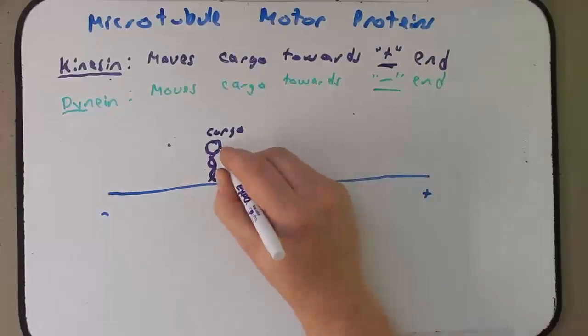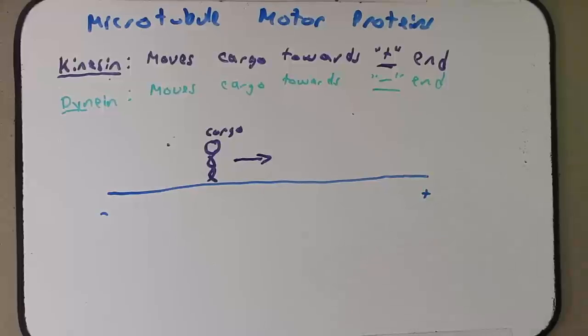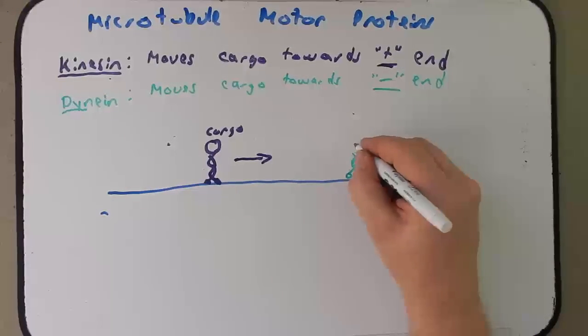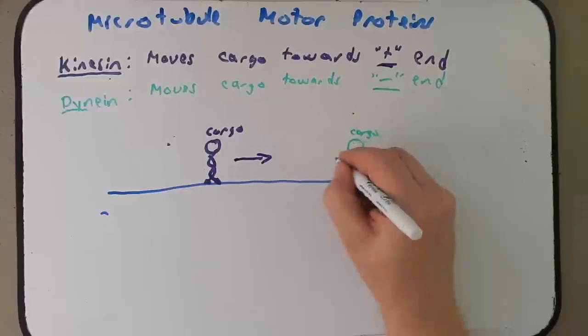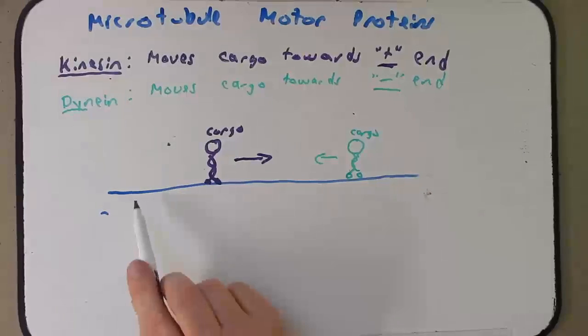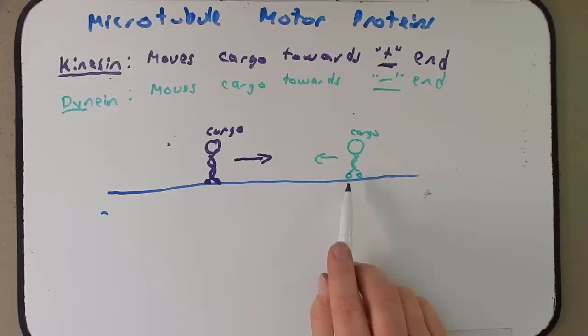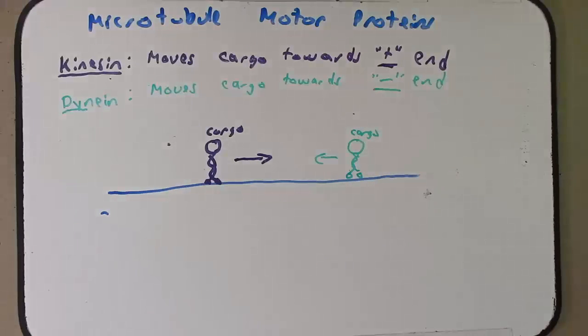And it will move this cargo towards the positive end. Likewise, you could have a dynein, like so, binding a separate cargo, but moving it towards the negative end. And we will see on any given microtubule both kinesins and dyneins moving cargo in opposite directions.